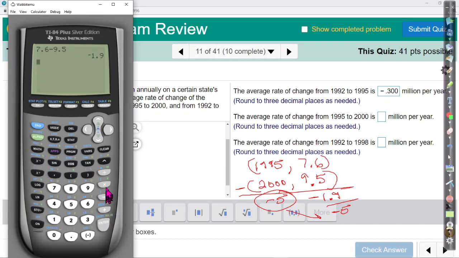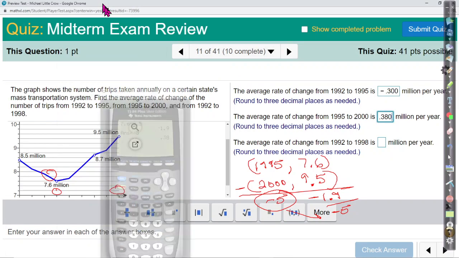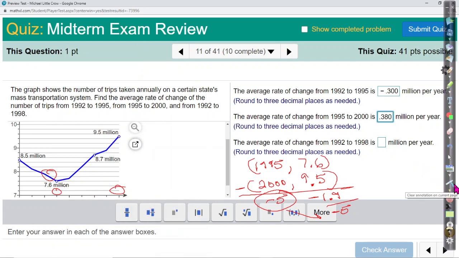Okay, that's good. And then we can divide that by -5. And we get positive 0.38. And we'll put a 0 on there, 3 decimal places. Okay. And we're going to clear this out.